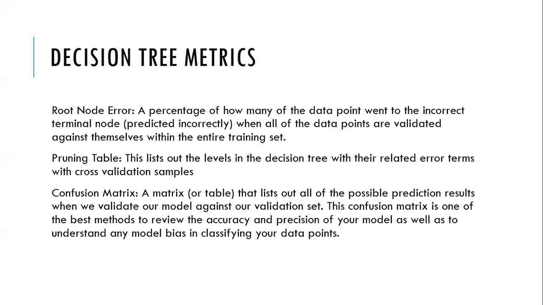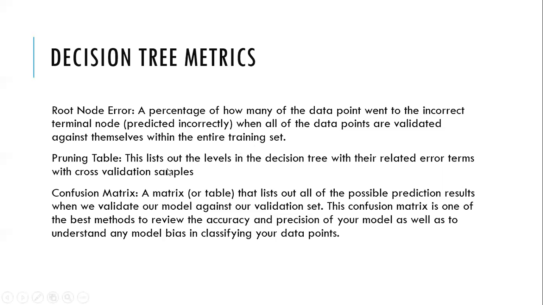Basically, although we have the model that we are creating, some data points are incorrectly classified or predicted, and the root node error is one of those metrics that will tell you how much of that error occurs.